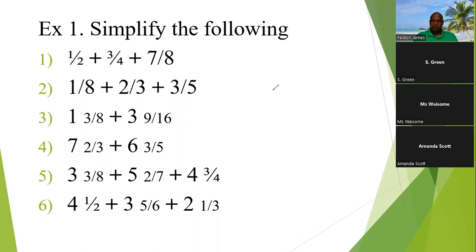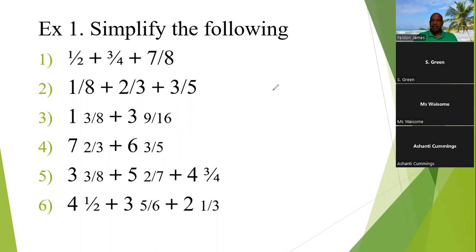Sir, all of them can be divided into 8. Well, yes, true, but that's not exactly what I was looking for. Anybody else can say anything about the denominators? They're equivalent, sir.